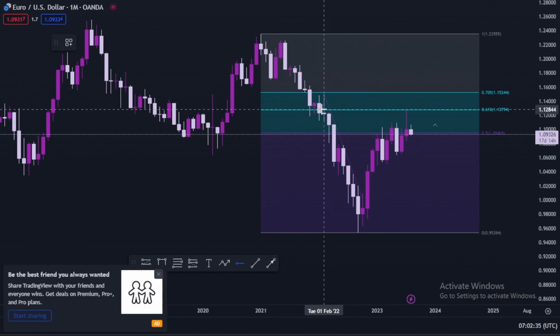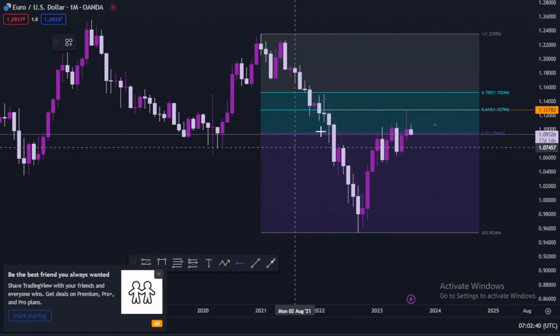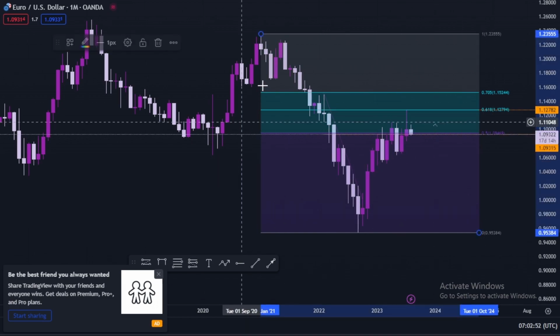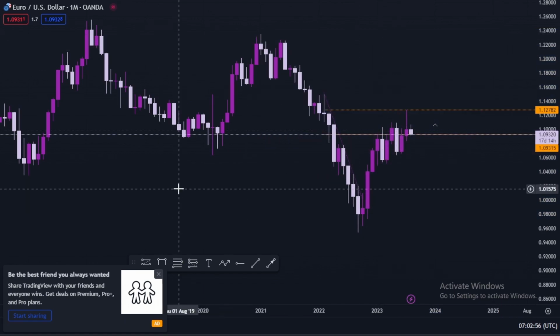You could see this is the 61.8 that the market tapped into from there. So let me just mark all the discount zone from 50% to 61.8, let me mark it out for us so that we can make reference for it on our lower time frame analysis. All right, so that being done, let's head straight down to the weekly time frame again.